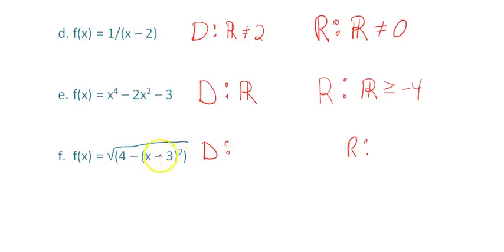Looking at this, it looks like on my calculator the domain starts at 1 and ends at 5. So it also includes those numbers. I'm going to put this square bracket, which means it includes that number. And so 1 to 5 would be our domain, and that is called interval notation.